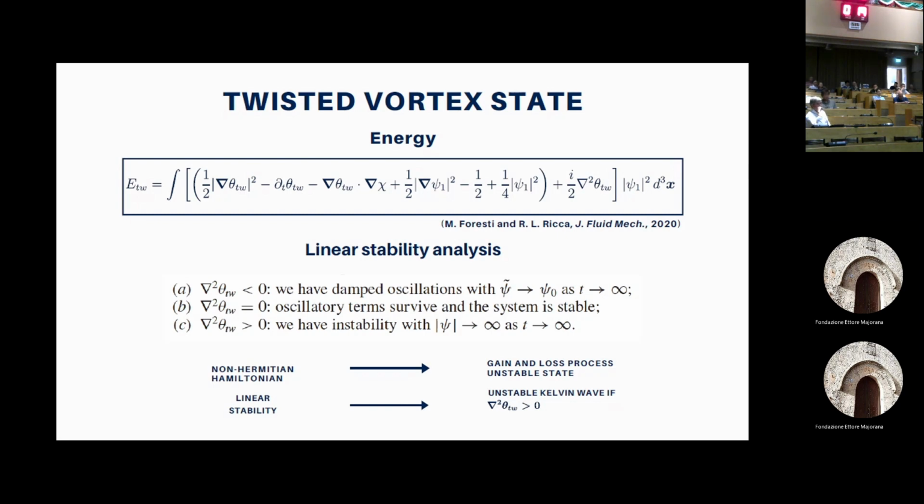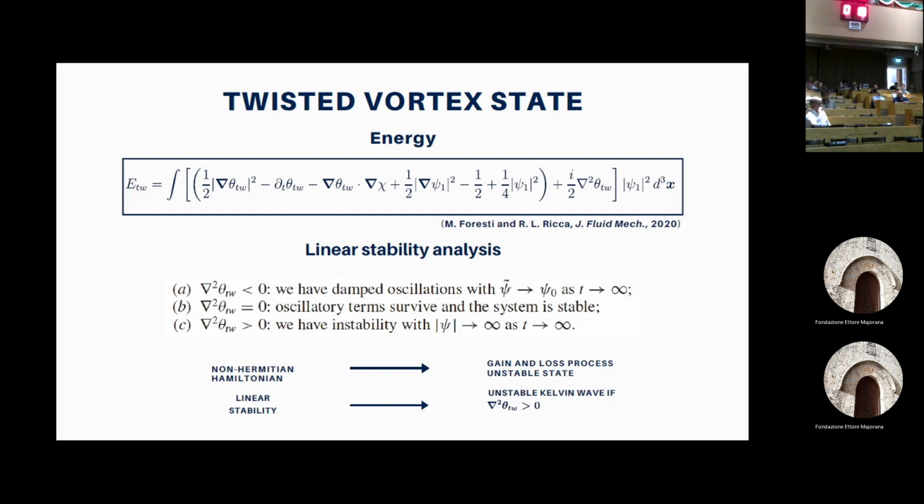So in a very recent paper, we tried to find some stabilization mechanism in order to restore the reality of the energy. What happens to such an unstable state? Well, it depends. We discovered that it depends on the nature of the twist injected on the system.